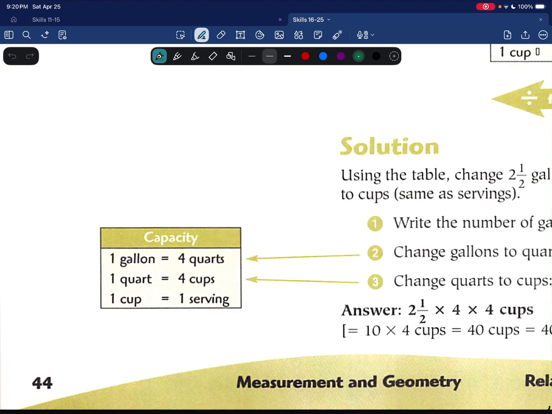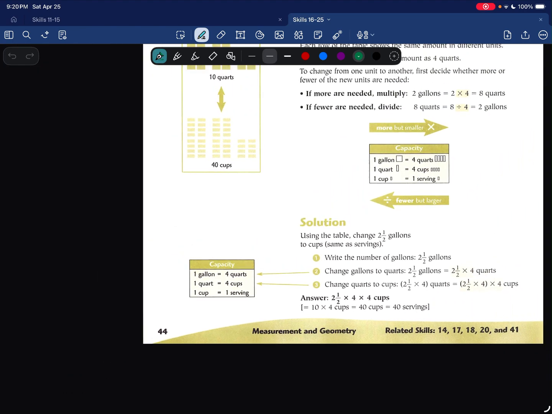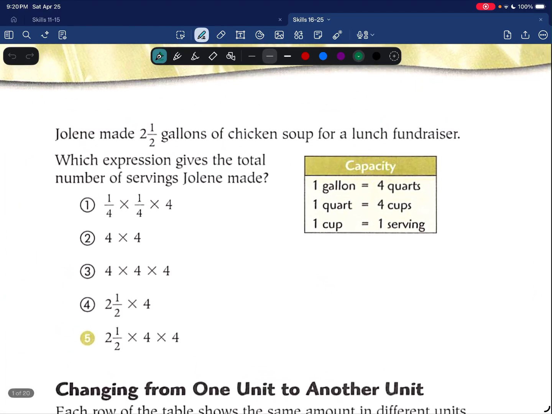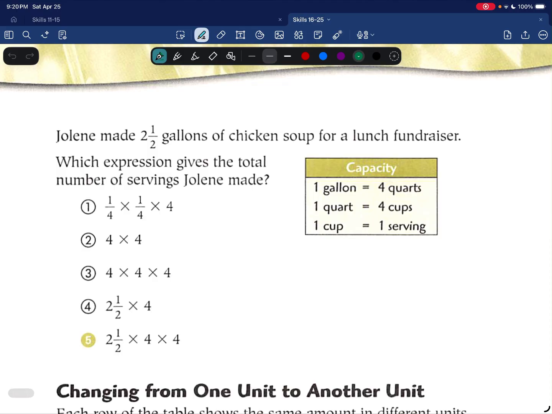Now, I definitely understand the method they're using here, but this is not what I would do. I would do it this way, and you can absolutely choose what you like. You could even do it another way. If it makes sense to you, use it as long as it gets you the answer. So what I am looking at is right here. I see that she has 2.5 gallons of soup, and we want to convert that into servings.